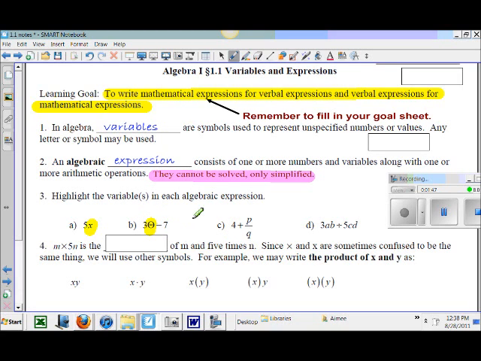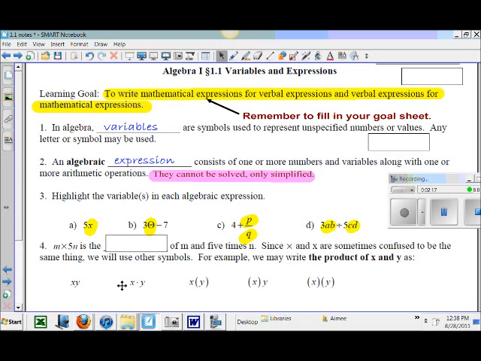Theta is a Greek symbol, and that is our variable. For C, we have 4 plus the quotient of P and Q. We have P and Q as our variables. In D, we have 3 times A times B divided by 5 times C times D, and our variables are A, B, C, and D.